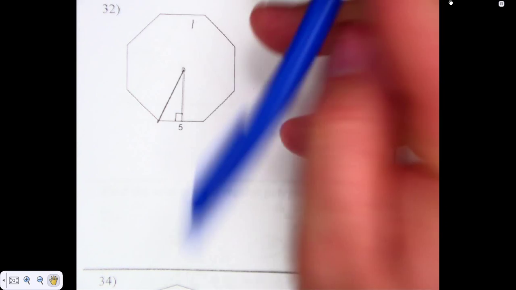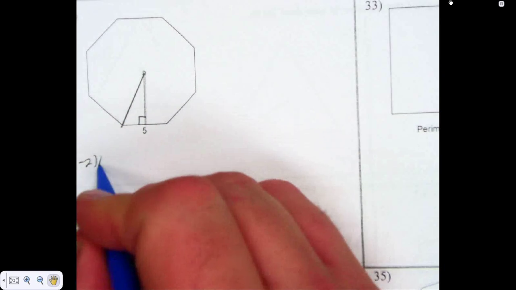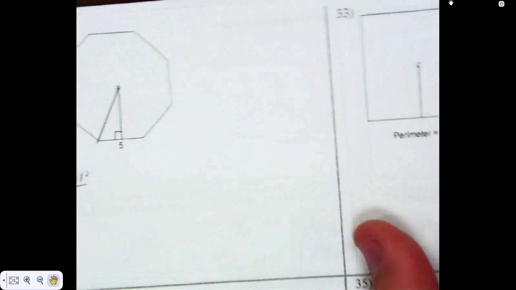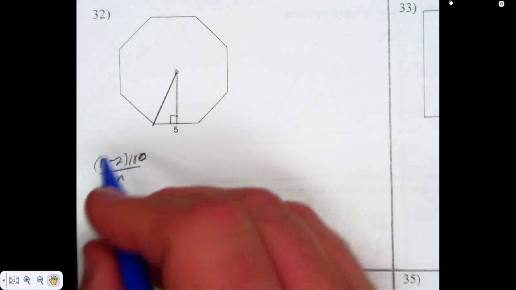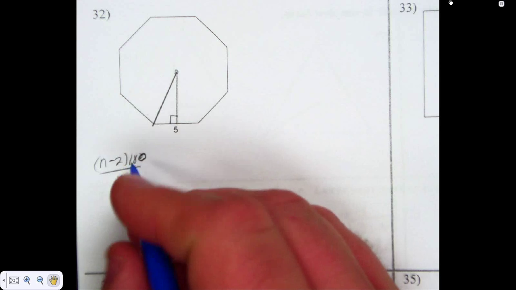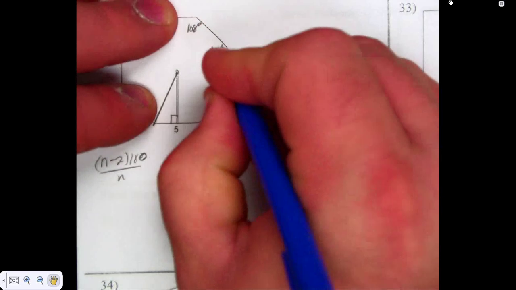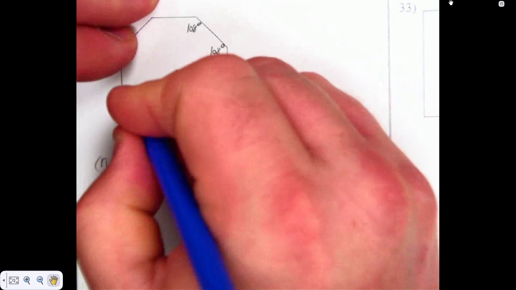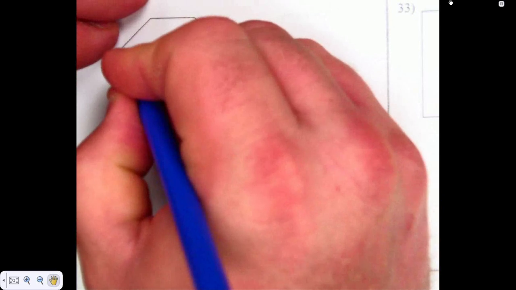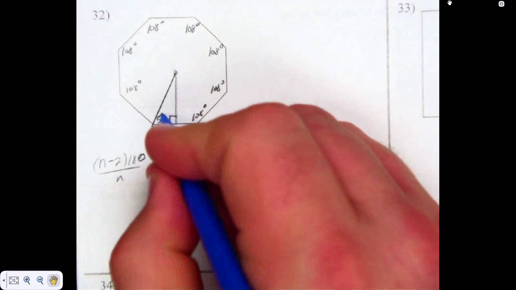No, that's a hexagon. It's n minus 2 times 180 divided by n. Like I said, I gave you guys a chart you were supposed to write down in your notes to be able to use, so you wouldn't have to do that every time. 108. So each of these are 108 degrees, making this one what? 54 degrees.